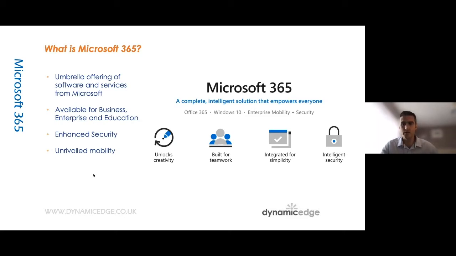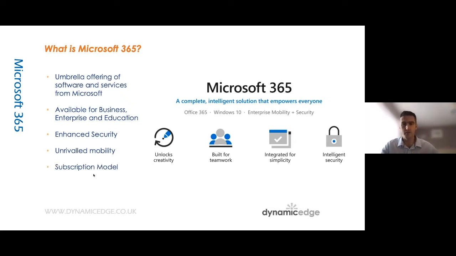We've needed to make sure that our employees can work from anywhere at any time. They have access to the data that they require, they have access to the collaboration tools that they require, and the applications they require in order to fulfill their job roles. So Microsoft 365 really brings some unrivaled mobility, making sure that, as I said there, we can work anywhere at any time. And of course, it works on a subscription model.